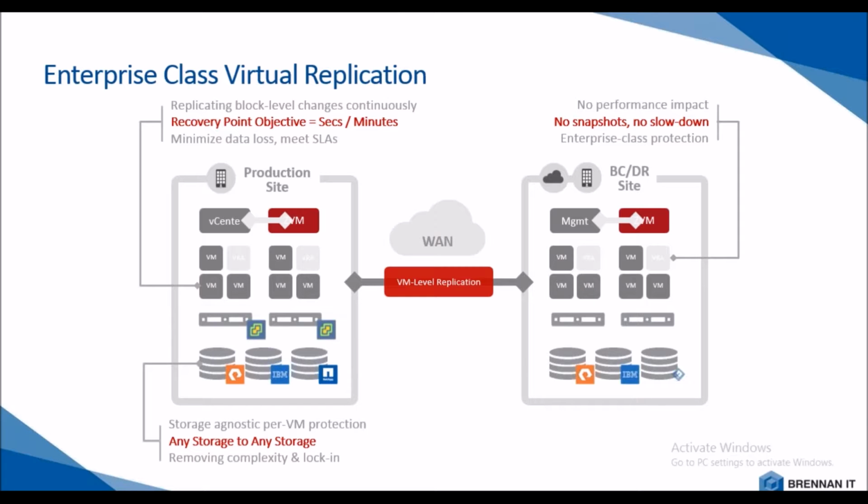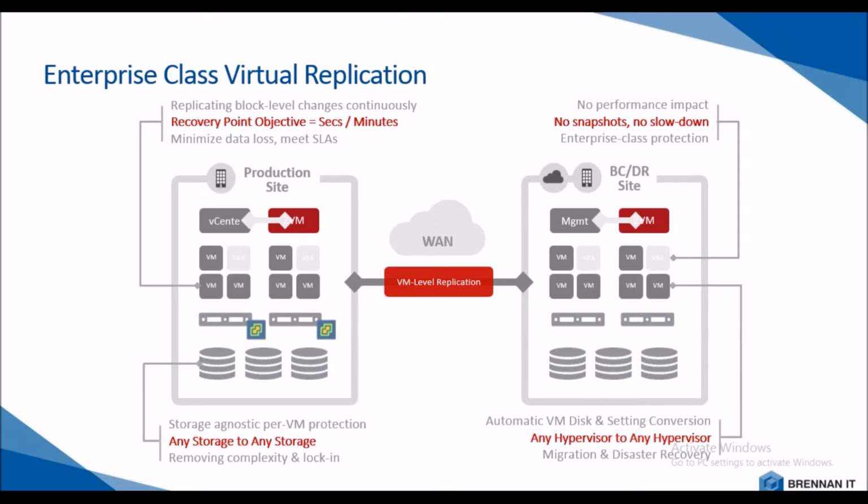So it doesn't matter what underlying storage you have, which a lot of snapshotting technologies are dependent on the storage vendor underneath. It's transparent to that because it's happening at the hypervisor level. And it has automatic VM disk and setting conversion, so it doesn't really care all that much about the hypervisor itself. It has any-to-any hypervisor level support. So for the big ticket items, VMware or Hyper-V, yes, you're covered.